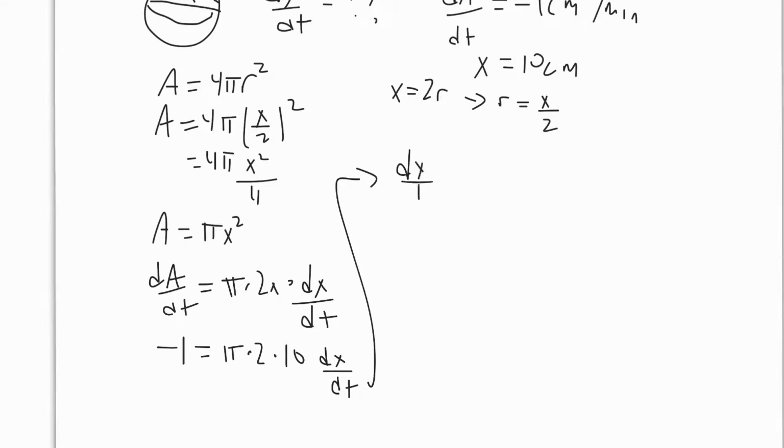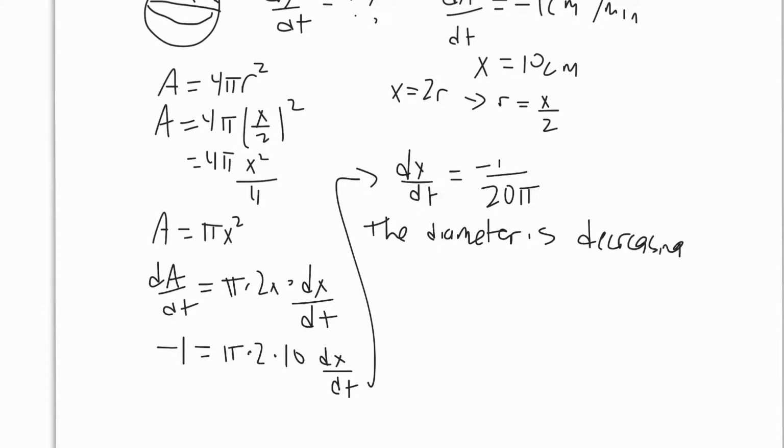Isolating for dx dt gives dx dt equals -1 over 20 pi. So the diameter is, in this case, decreasing at a rate of 1 over 20 pi centimeters per minute.